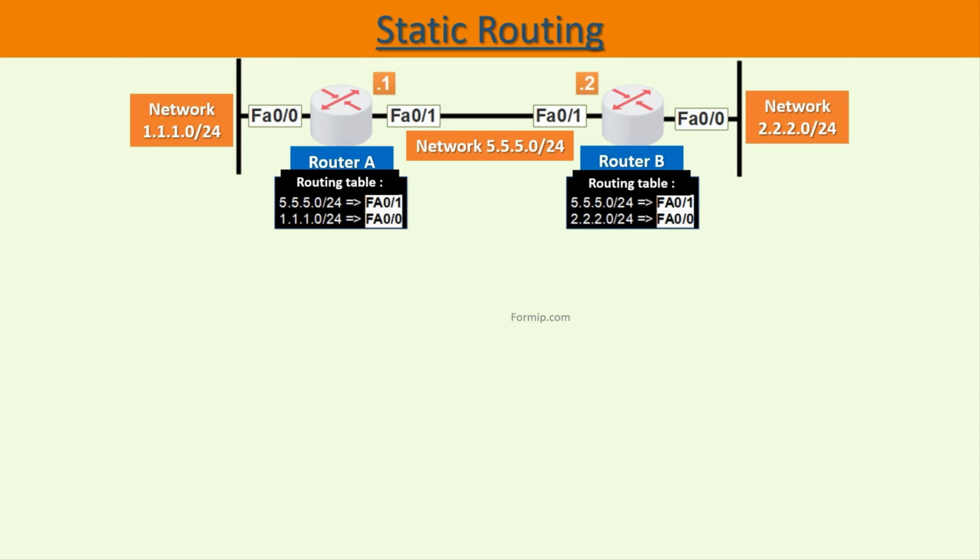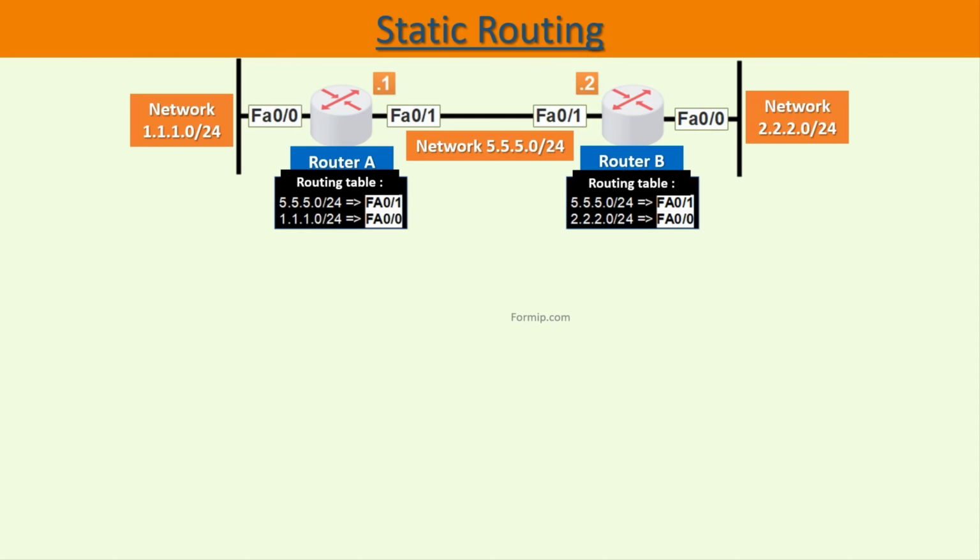The B router also has two fast Ethernet interfaces. The 222.0 network is on the side of the 0/0 port, and we find the same network as the router A, the 555 network, on interface 0/1.